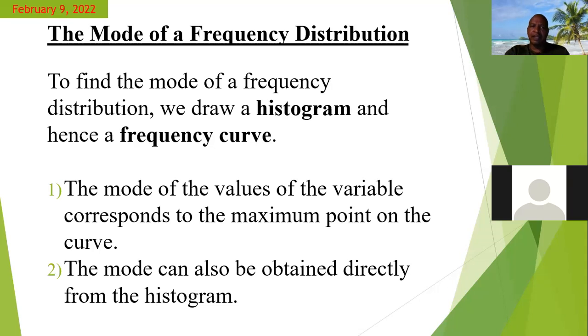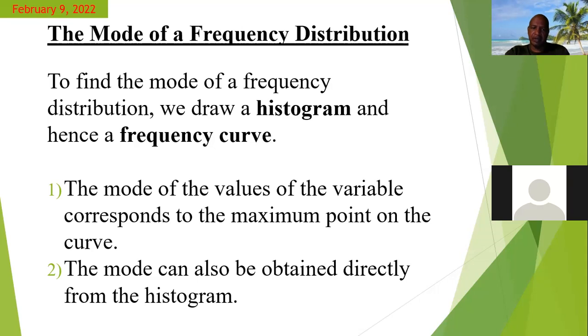All right, so the second situation is that the mode can also be obtained directly from the histogram. So if we're using the frequency polygon, we look for where the peak is, and then we find the value corresponding to the peak.